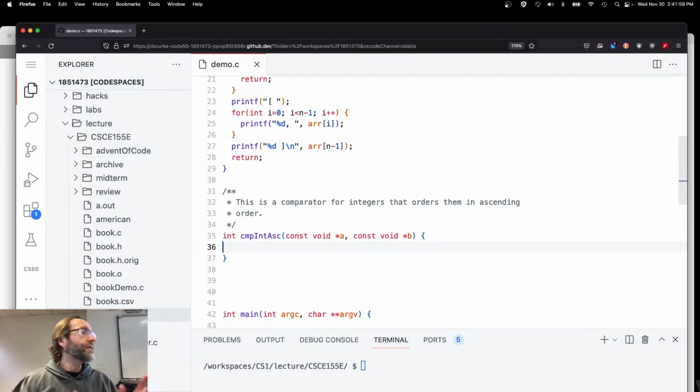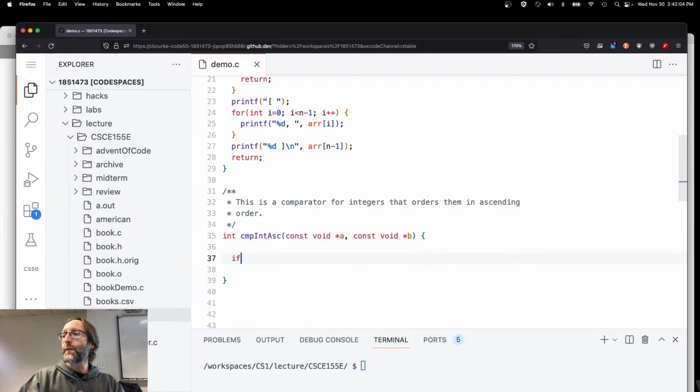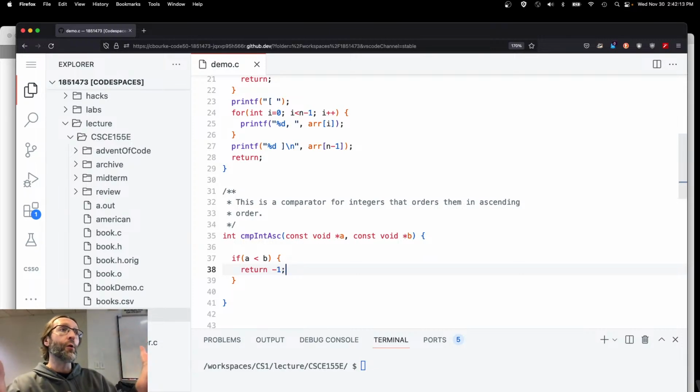All right, so I've got A and B. Now, are A and B integers that I can do something like this with? If A is less than B, right, then I'll return -1. Something negative, because A comes before B. They're in order, right? Now, is that right? What are A and B right now?